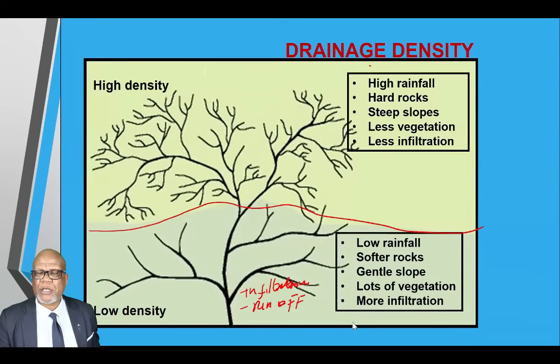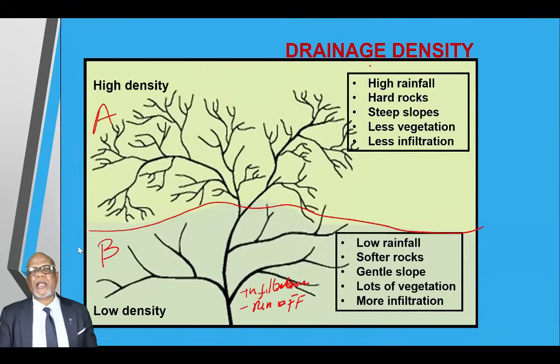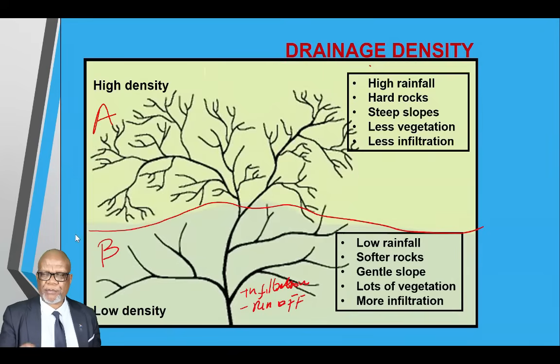Number one, it will be vegetation. If you get a question that says, explain how vegetation influenced the drainage density at A? So this is A, and this is B. You will say, at A, there is less vegetation.